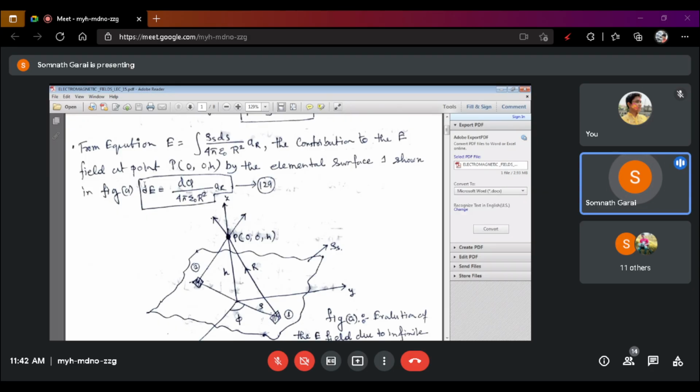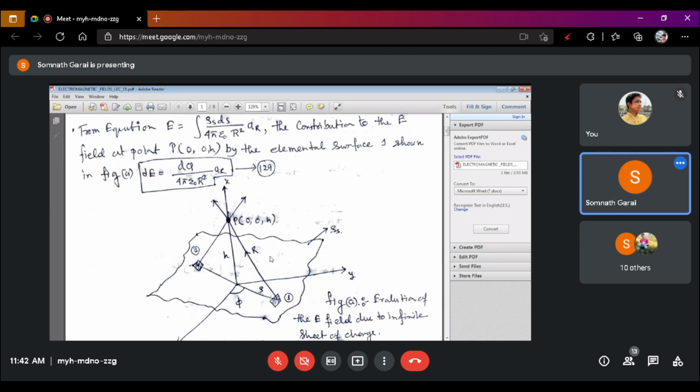So that is given by dE is equals to dQ divided by 4 pi epsilon naught r square into ar. Right? So dE is equals to dQ divided by 4 pi epsilon naught r square into ar. So equation number 129, that is the differential electric field strength with respect to this plane at the point charges P, right?